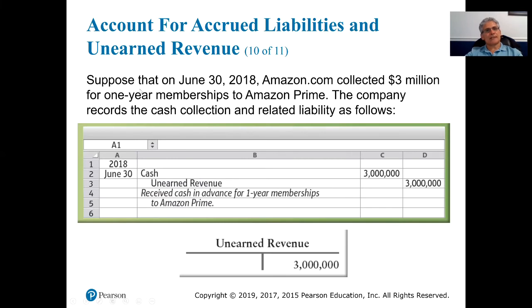So let's take a look at an example here. Suppose that on June 30th, 2018, Amazon.com collected $3 million for one-year memberships to Amazon Prime. The company records the cash collection and related liability as follows. On June 30th, they're going to recognize the cash, $3 million debited, and they're going to create a short-term or current liability referred to as unearned revenue, and credit that for $3 million.